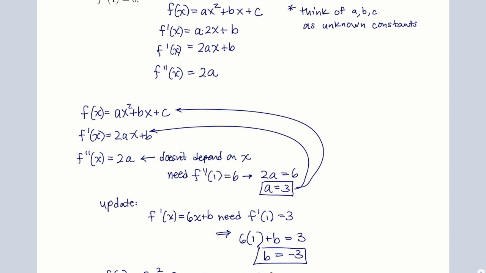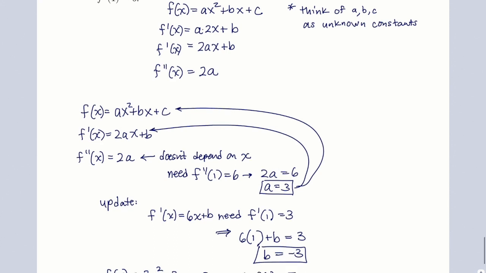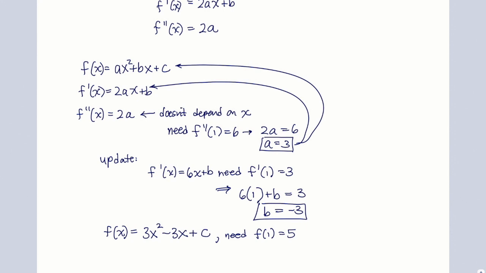And that's the piece of information we haven't used yet. So if I fill in x equals 1, I have 3 times 1 squared minus 3 times 1 plus c is 5. So that tells me 3 minus 3 plus c is 5. And 3 minus 3 is 0, so this just gives me c is 5.